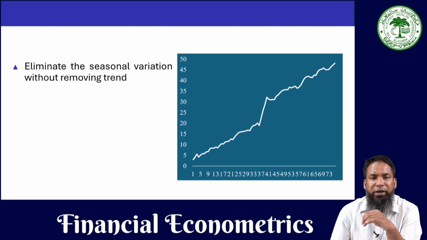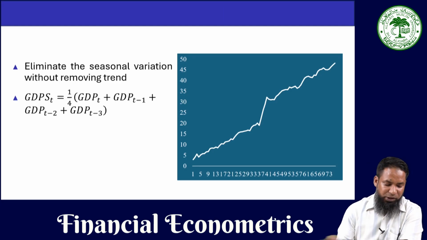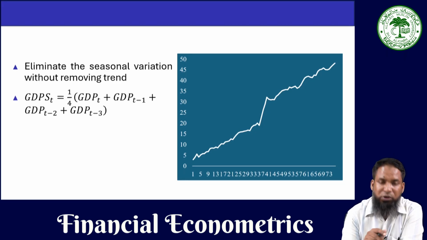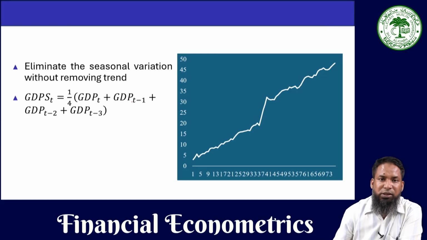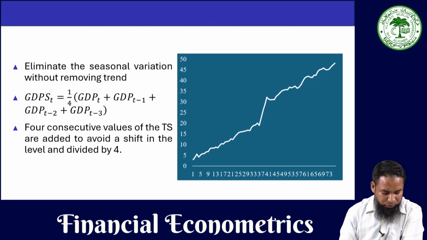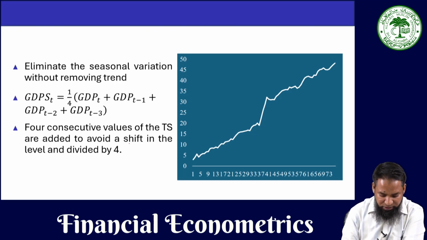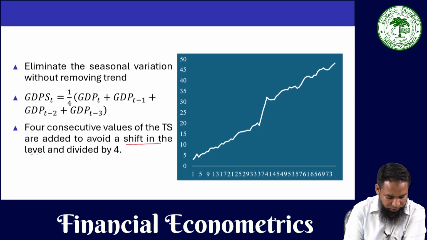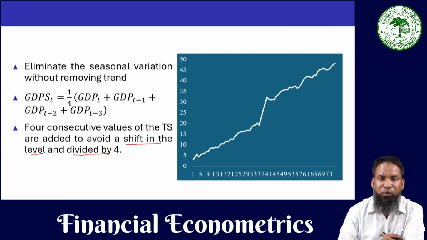However, we may think of eliminating the seasonal effect but not the trend effect. That could be achieved using this particular formula. Because it is quarterly data, we take 4 observations and then take the average. So 4 consecutive values of the time series are added, to avoid the shift in the label, and divided by 4.